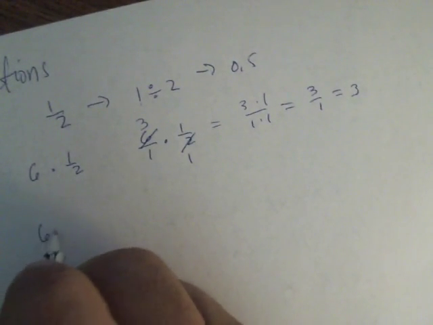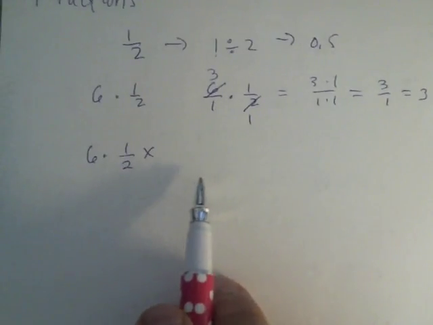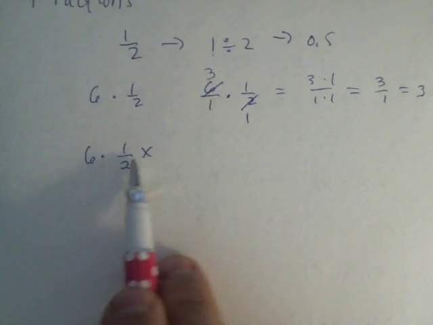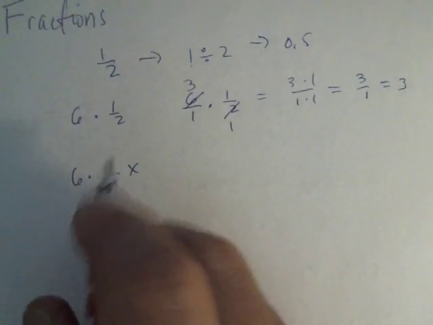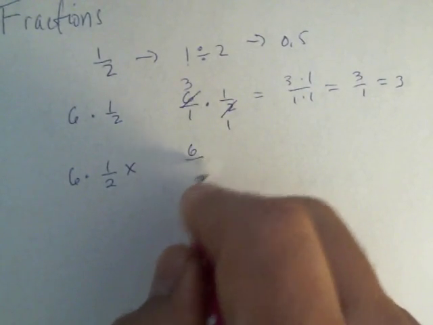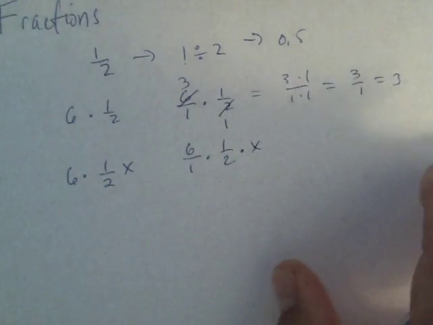So if I just took 6 times 1/2 x, well, nothing changes. Remember, x is just a number. It's out here to the side, but we can assume that it's really multiplied by the 1. What we want to do is the same thing we did up here. And you can just break these all up if you want to.